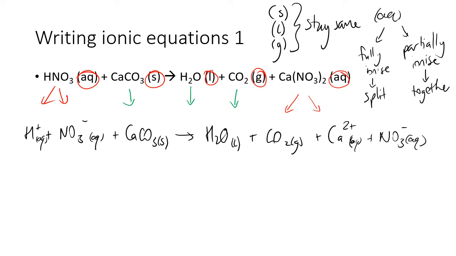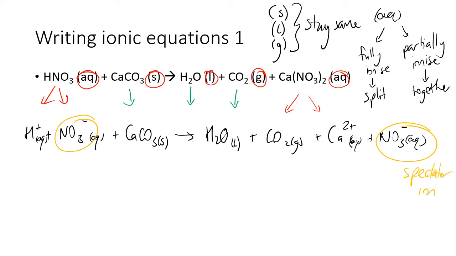That's AQ. And so we look at this equation and we think, okay, is there anything that's the same on both sides? There is one thing that's the same on both sides. It is the NO3. They're exactly the same. And I haven't balanced the equation, but that wouldn't even matter. As long as it is the same on both sides, that means we can remove it because it's a spectator ion.